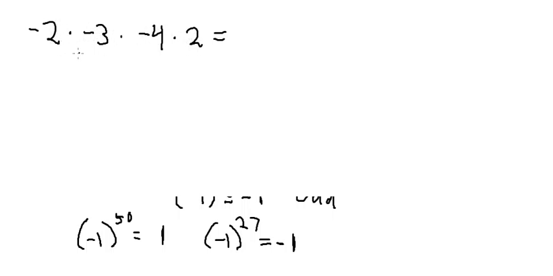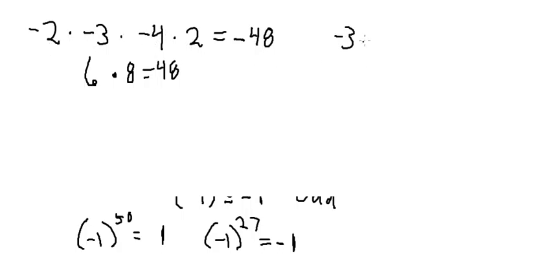Positives and negatives are some of the trickiest things in the world, and one of the best things you can do is take care of it right away. So I'm going to count 1, 2, 3. I got 3 negatives being multiplied, so my answer is negative. Then 2 times 3 is 6, times 4 times 2 is 8, 6 times 8 is 48. So it would be -48. See how I took care of the negative right away and didn't have to worry about it?